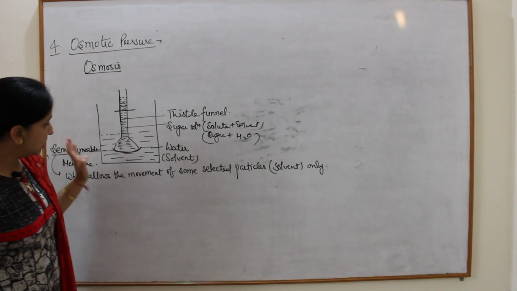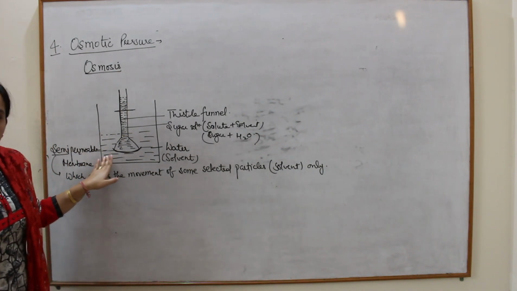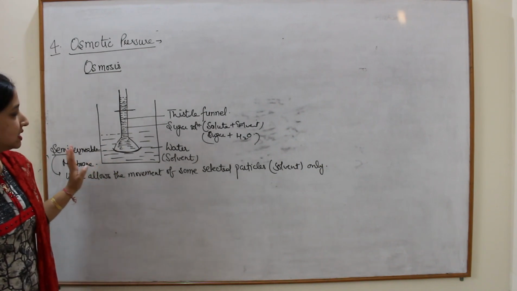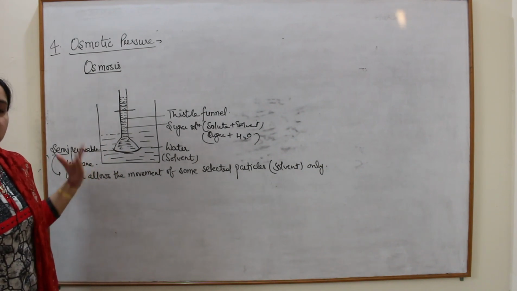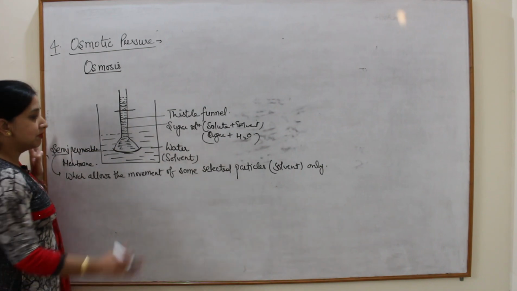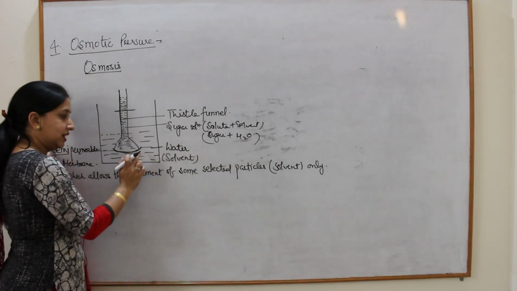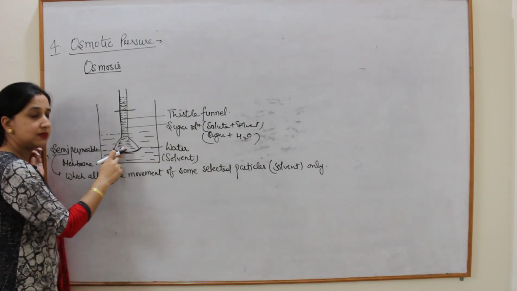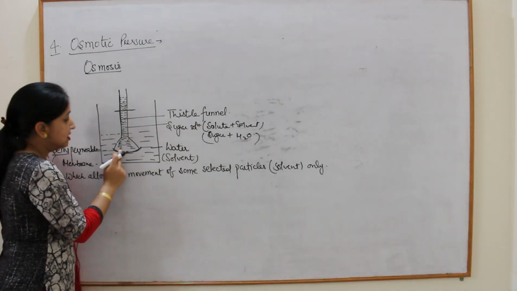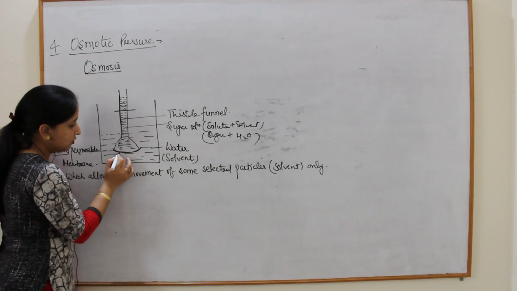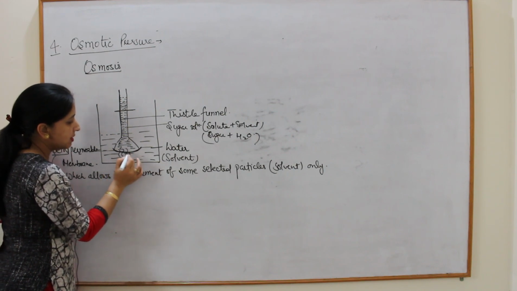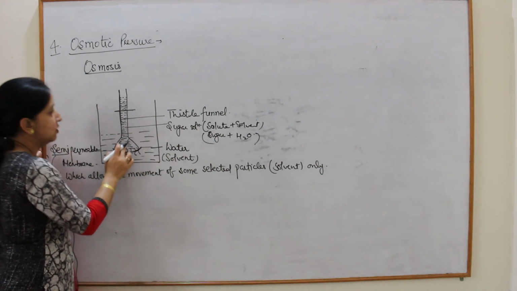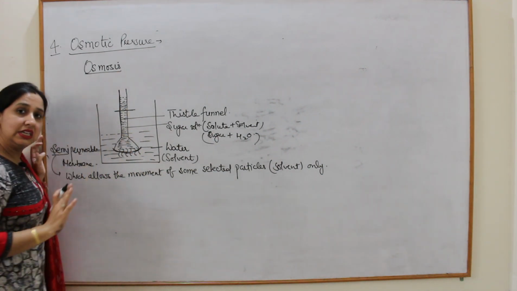We know each liquid has a normal tendency to flow from its higher concentration to lower concentration. Means the amount of solvent in the vessel is more as compared to the amount of solvent in this funnel. So water will move through this semi-permeable membrane to this funnel. So the level goes on increasing.